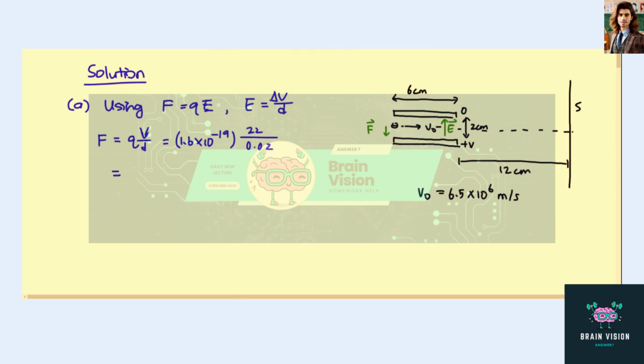Calculate this to be 1.76 times 10 to the negative 16 newtons. So this is the magnitude of the force. The direction is downward.